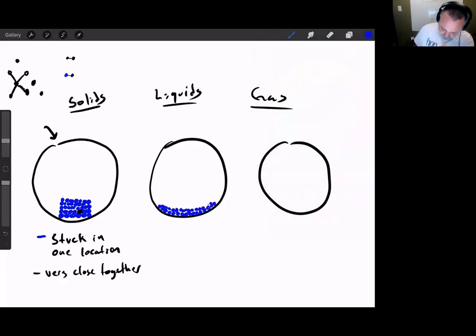But what is happening? What does it seem like it's able to do now? At this point, you should start to see that the particles that make up a liquid are able to conform to the shape of the container.